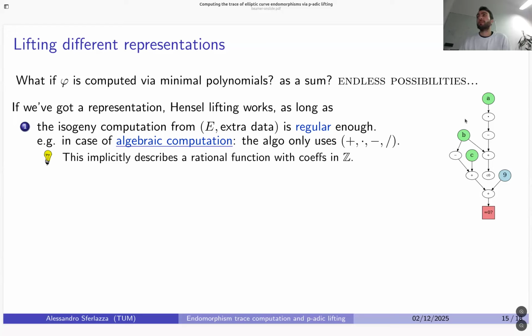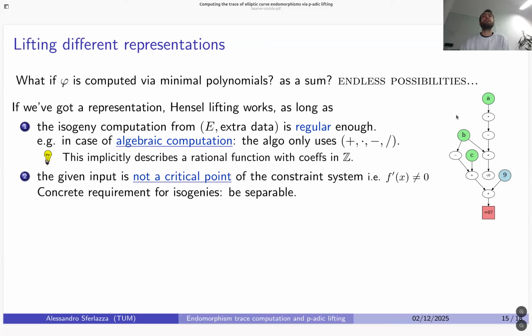And for example, Vélu's formulas are such a circuit, and square root Vélu also applies. With a caveat: we should make sure that the input we've got is not a critical point of this implicit rational function described by our algebraic computation. That is, we need to make sure that all the derivatives involved of the things we want to lift are non-zero modulo p.